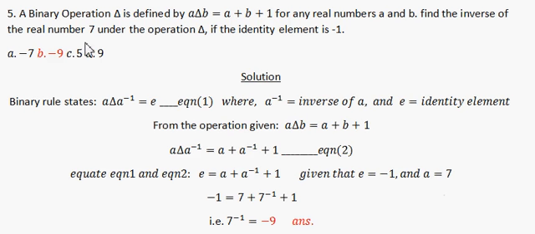That means we are looking for the inverse of 7, as you can see from the question. So when we replace those two values into our equation and we solve for 7 inverse, we get 7 inverse to be -9. And as you can see, that is option B.